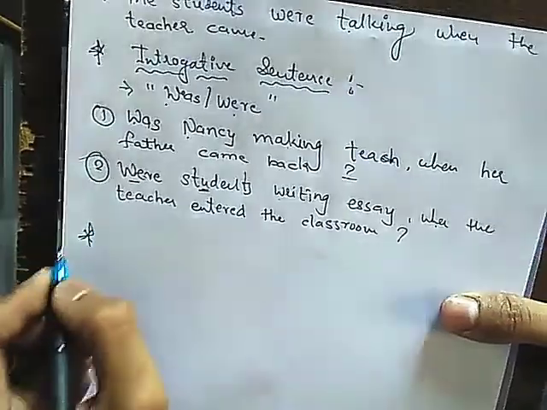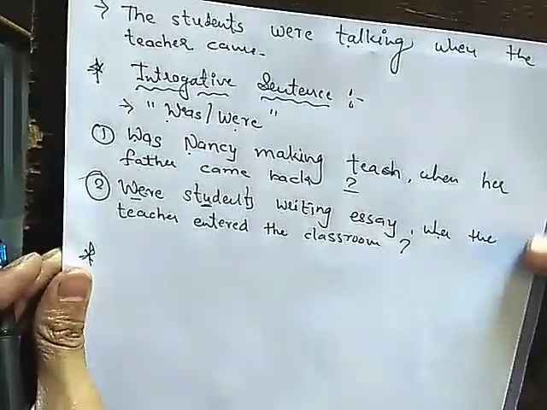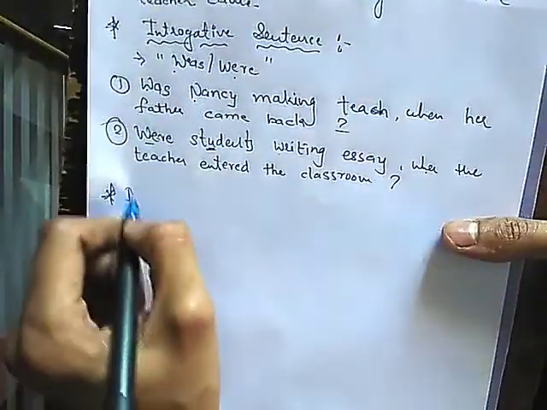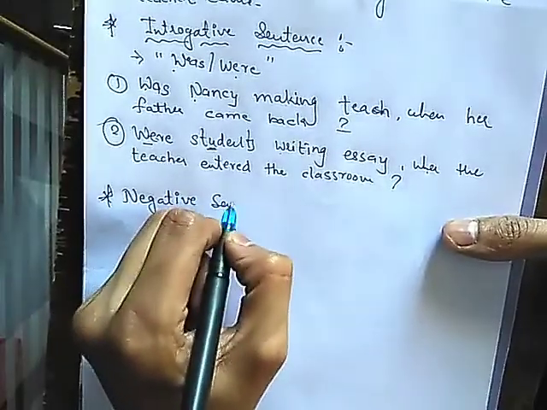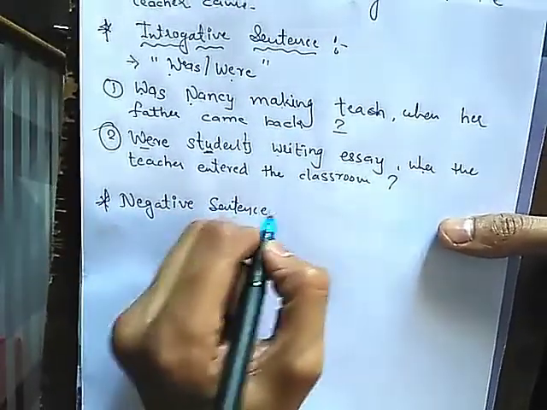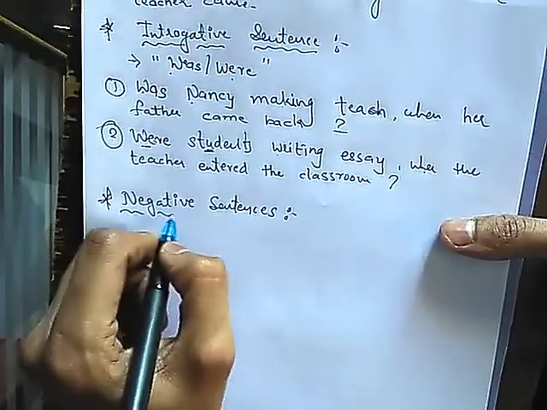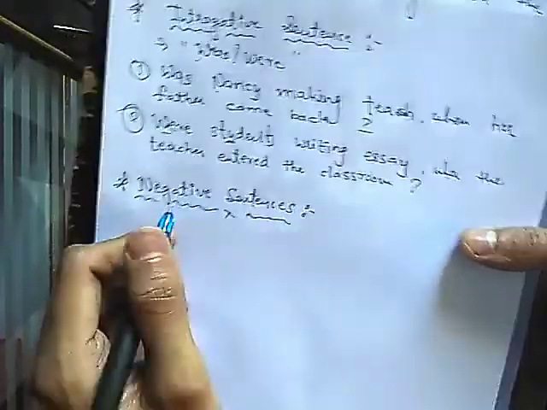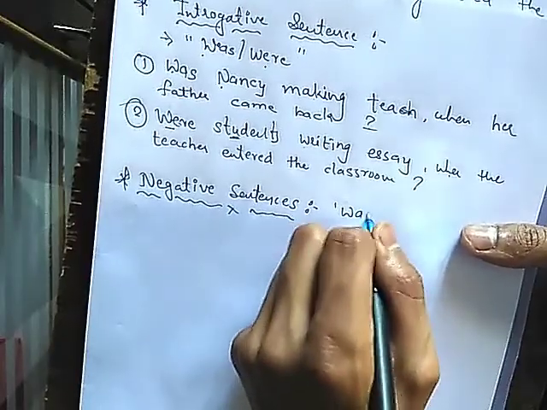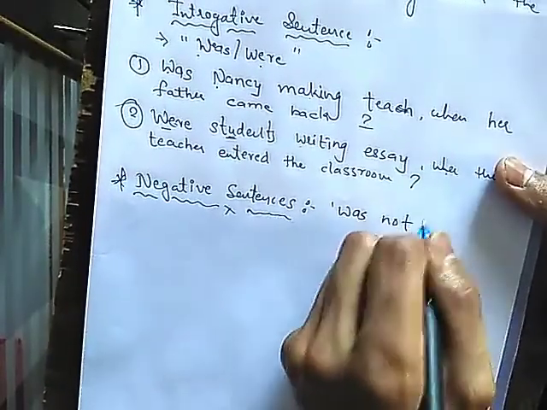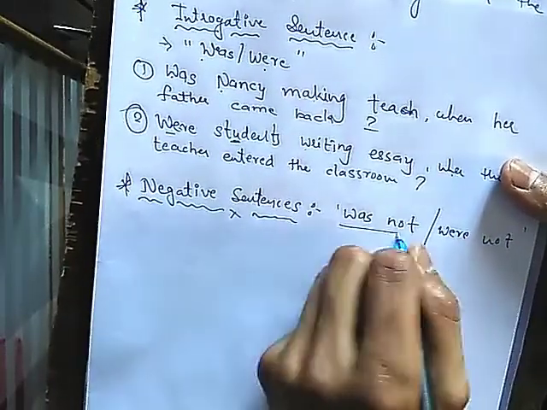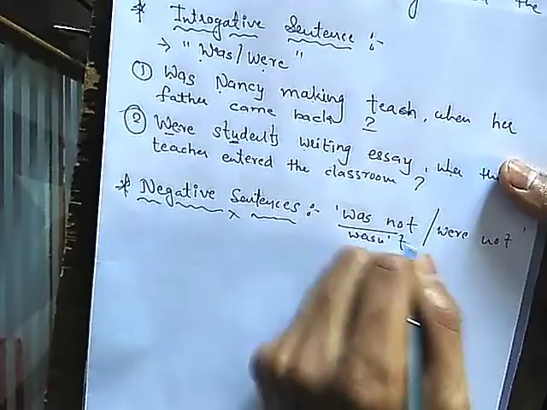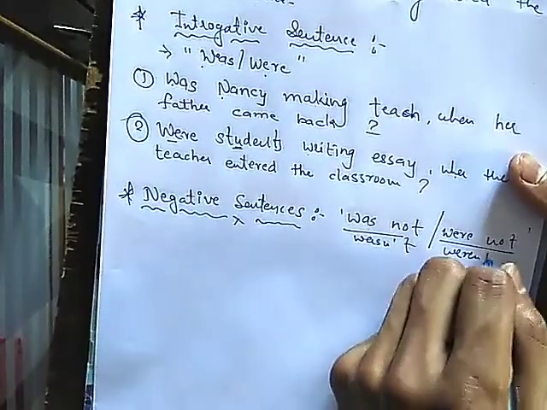Now the last point of our discussion, how to make negative sentences. This is also very simple, by using was not or were not. Also you can use wasn't or weren't.